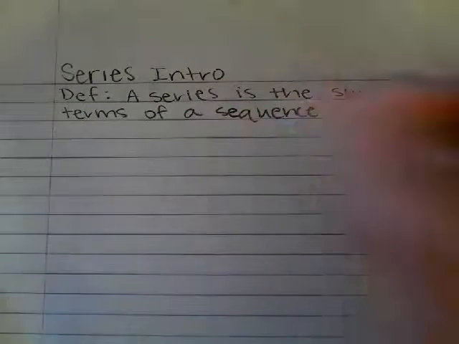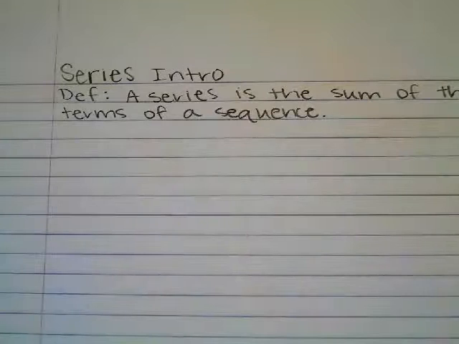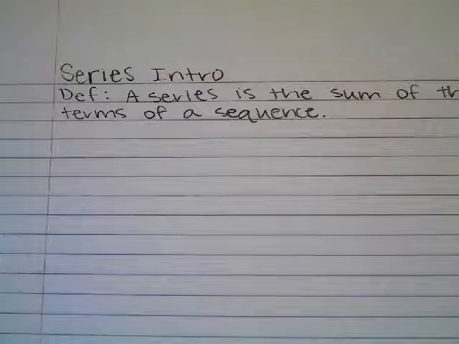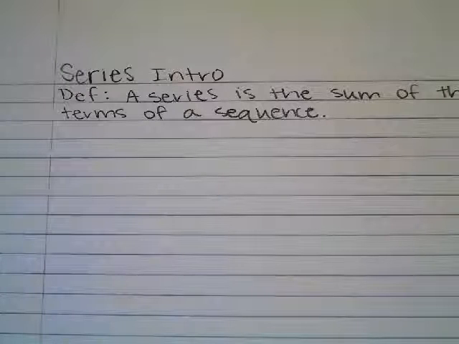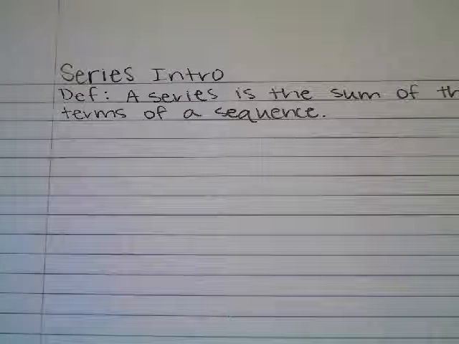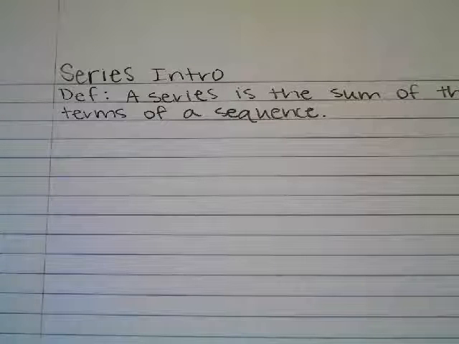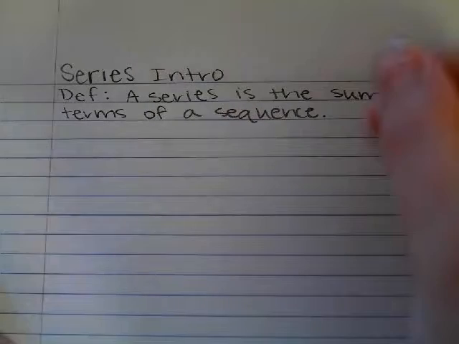So the way I think of it is when you write a sequence out, you have commas between the terms. When you write a series, you have plus signs between the terms. So it looks the same, you've got all the terms written out, but you've got plus signs in between and you add them up and you get a sum. All right? It can be infinite or it can be finite.